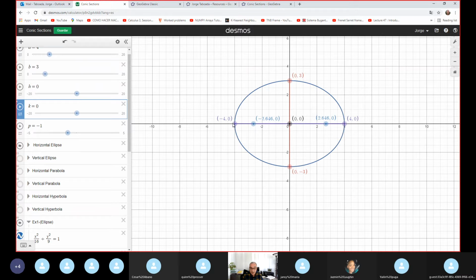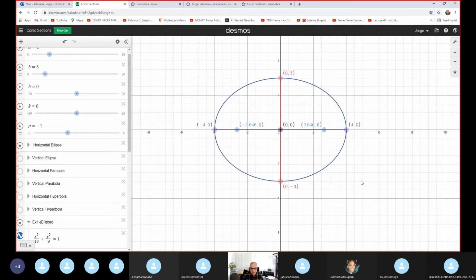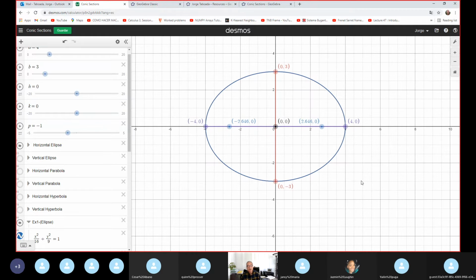The endpoints of the minor axis are 0,3 and 0,negative 3, and the foci, remember, are located at radical 7, 0. Radical 7 is approximately 2.646, using 3 decimal places. I zoom in because I like this. Beautiful. You see the segment.